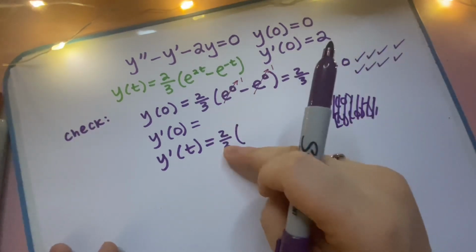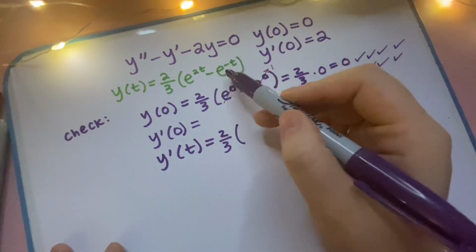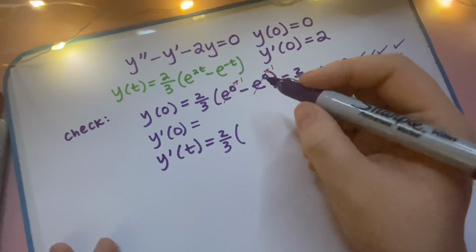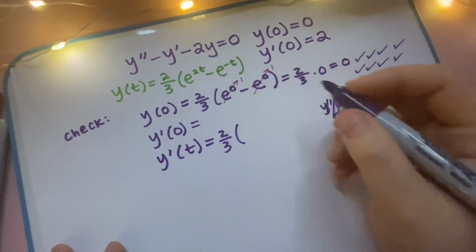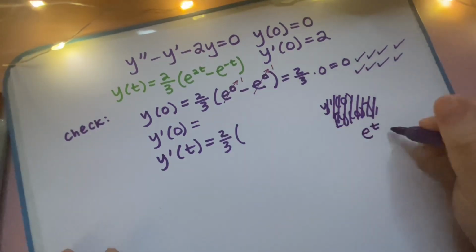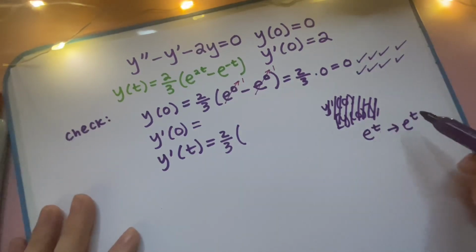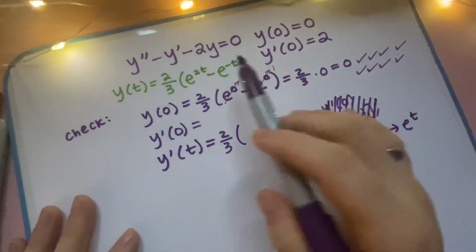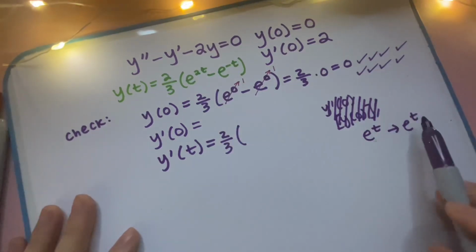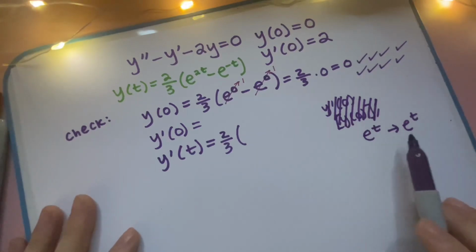So we are pulling out this 2/3. We're going to take the derivative of e to the 2t, and then minus the derivative of e to the negative t. When I take the derivative of e to the 2t, I need to do the chain rule, right? Because the derivative of e to the t with respect to t is e to the t. The nice thing about this exponential function is that the derivative just stays the same. But here we have e to the 2t, so it's not just e to the t. If this were e to the t, I would expect the derivative to be e to the t.